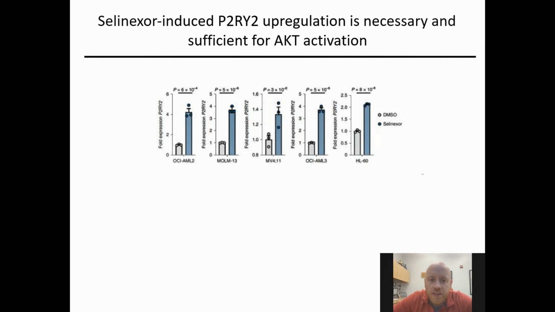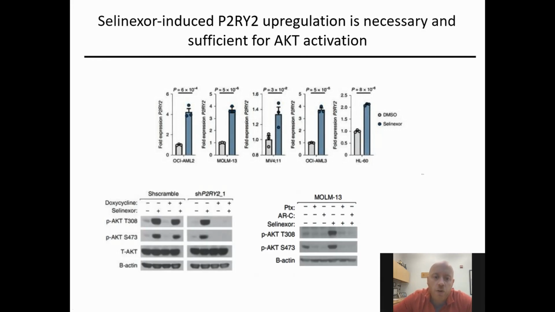We then showed that selinexor-induced P2RY2 activation is both necessary and sufficient for the observed AKT activation. So, for example, if you look across a panel of cell lines, we see consistent P2RY2 upregulation following selinexor treatment. Further, we showed that if you block that upregulation, in this case using doxycycline-inducible shRNAs, we can fully block AKT activation following selinexor treatment.